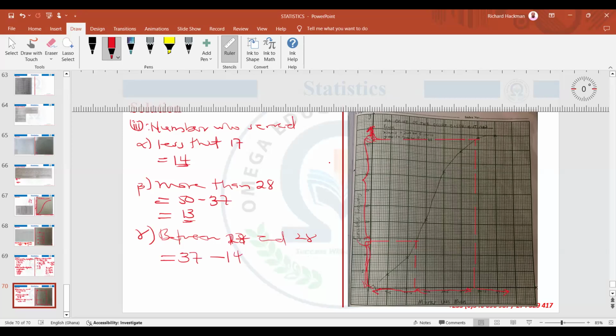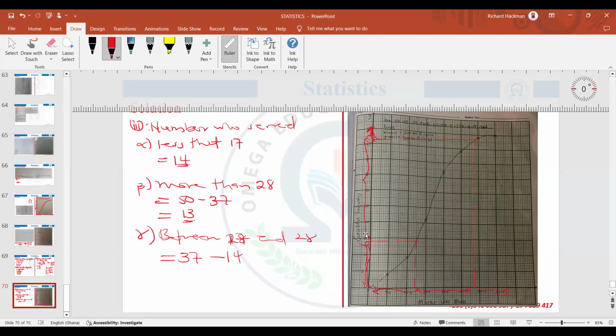Okay, so we said between will be the distance here. How do I get the distance here? By getting the reading here. The reading here was 37, which is what I subtracted from 50 to get this. So I write 37, and the reading here from my graph is 14, so it will be minus 14.